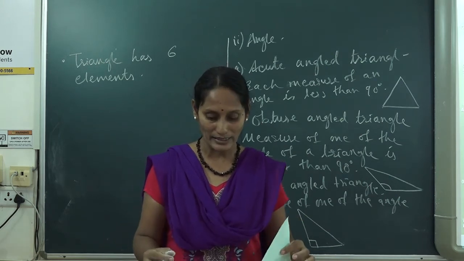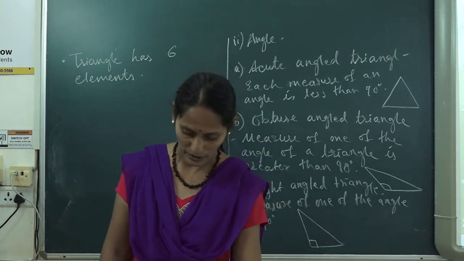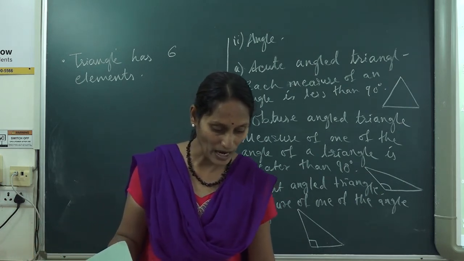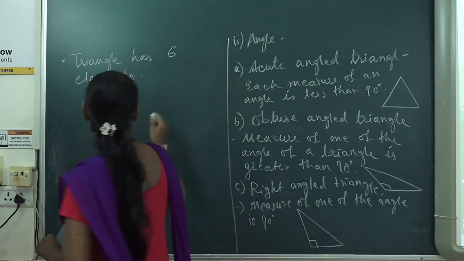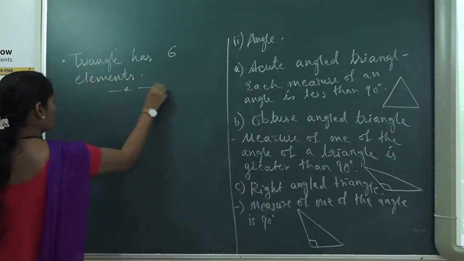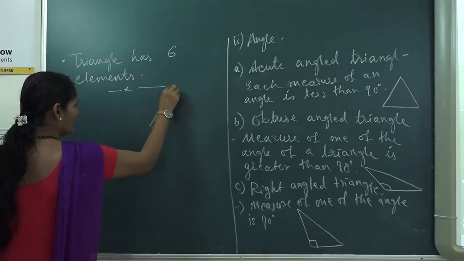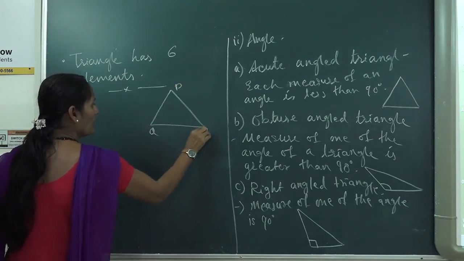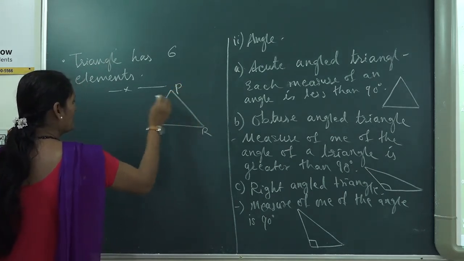Okay. Now let's discuss something new related to this: what questions you may be asked. Now this concept is over. Let me take one triangle and give it the name PQR. So the name of the triangle is PQR.